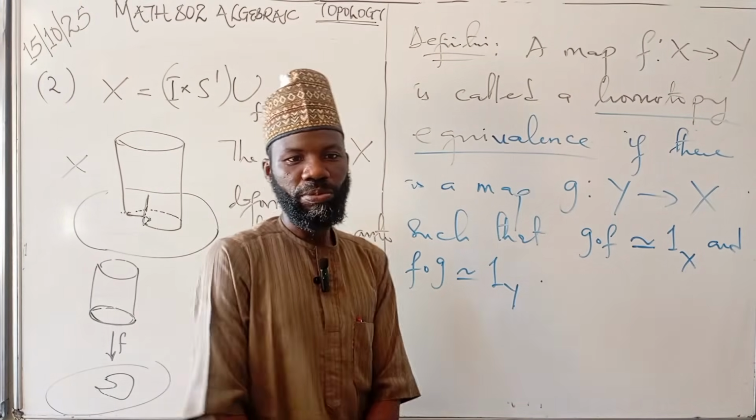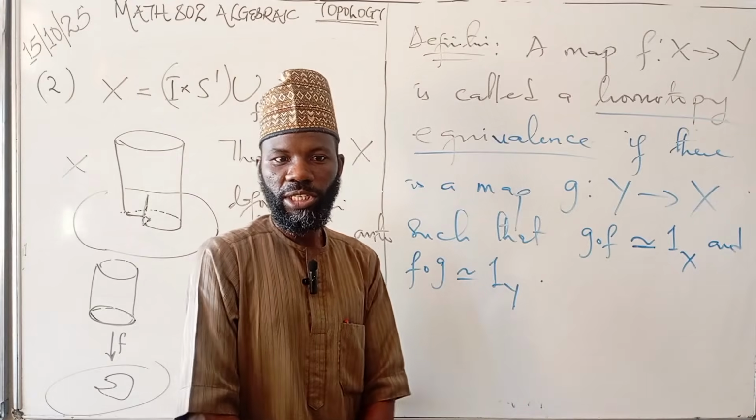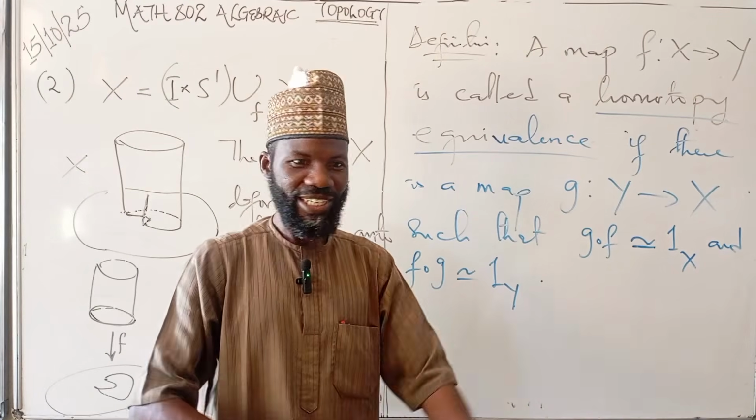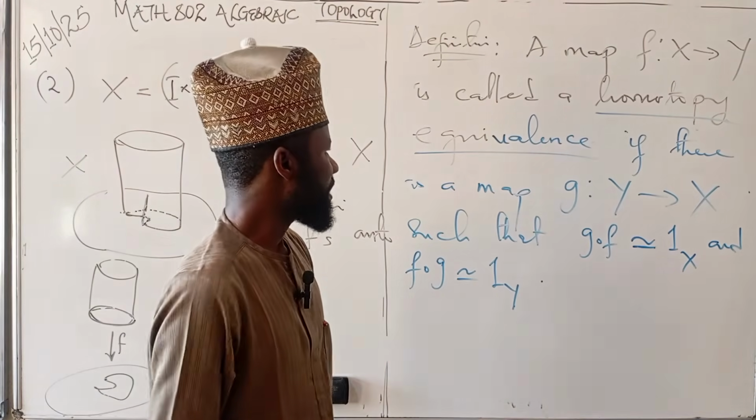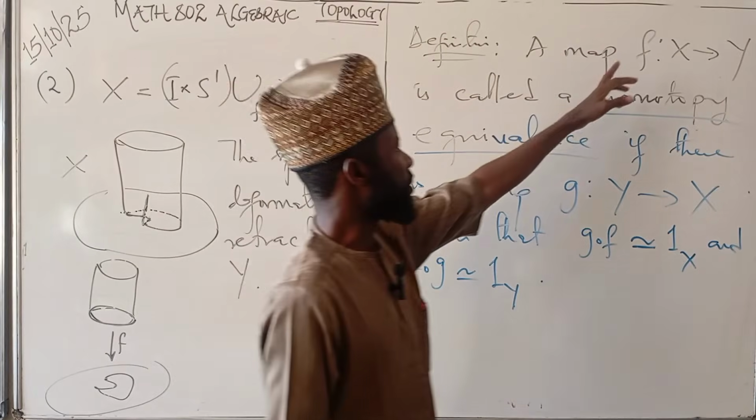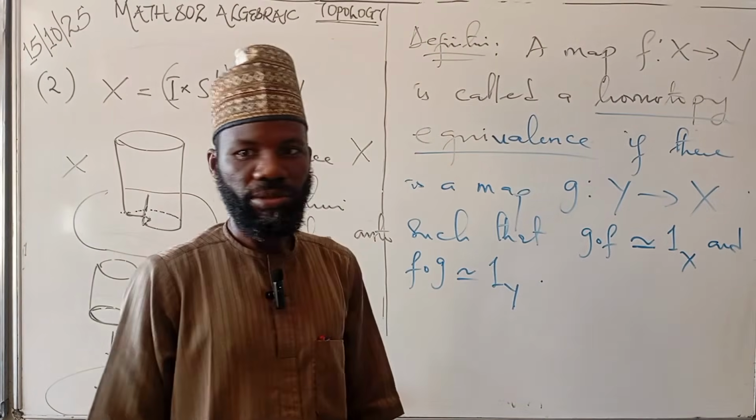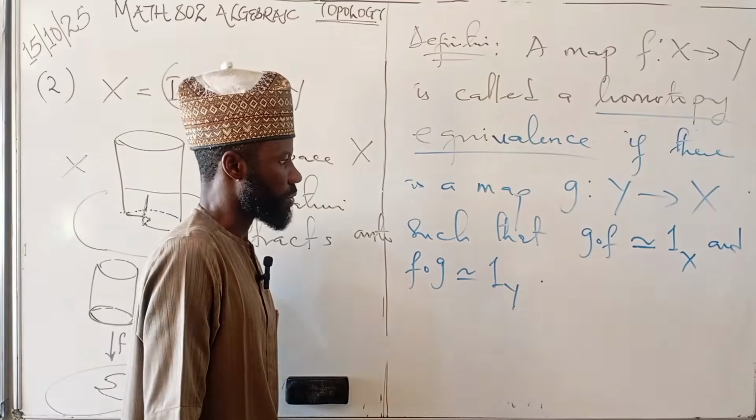Well, G is also a homotopy equivalence because this definition is symmetric. So if F is a homotopy equivalence, then G is also a homotopy equivalence. I hope it's okay.